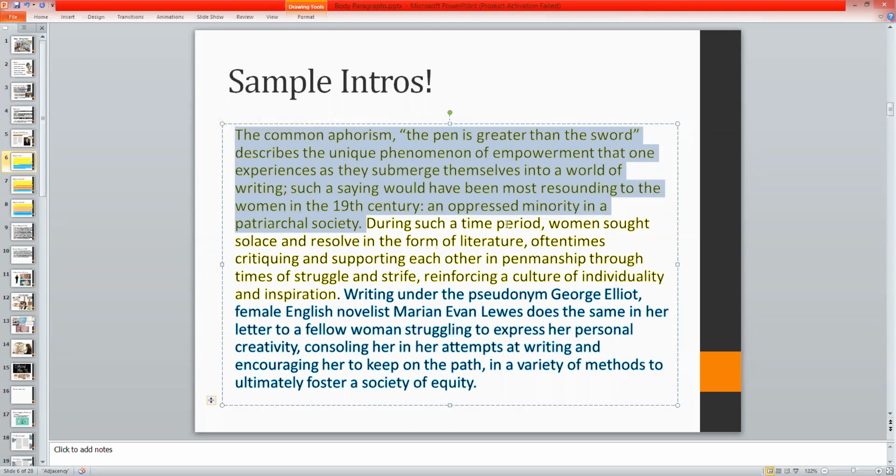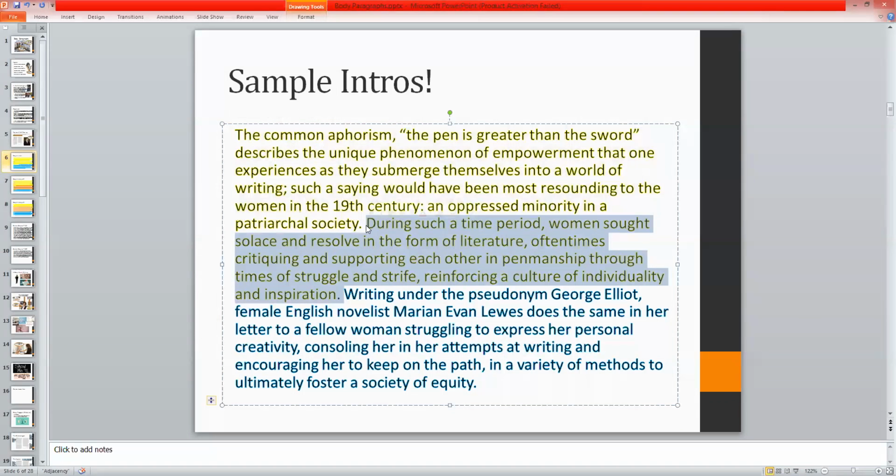During such a time period, women sought solace and resolve in the form of literature, oftentimes critiquing and supporting each other in penmanship through times of struggle and strife, reinforcing a culture of individuality and inspiration. And this author does a further good job, kind of like boiling it down, getting to the actual point of this letter here. This isn't just a random letter.